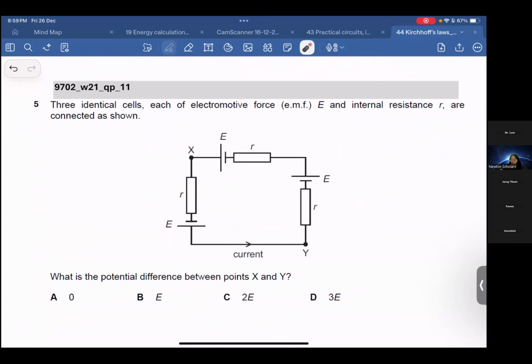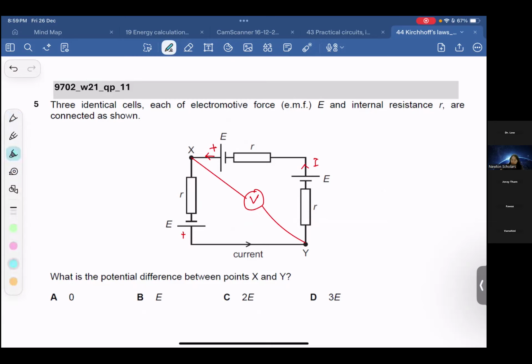So this one, what is the potential difference between point X and Y? So here, point X at voltage here. Okay, so first positive goes out, here positive goes out, so here positive goes out.